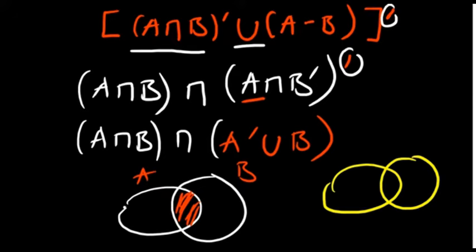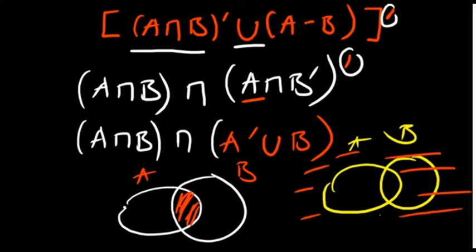If this is our A and that is our B, what are we going to have there? Our A complement is the region outside your A. That is your A complement. Unionize it with B, meaning B is also going to be part of the set, so that would include this region as well. So we've shaded it. Now we're interested in the intersection of the two regions, what I've shaded on the left and what I've shaded on the right.